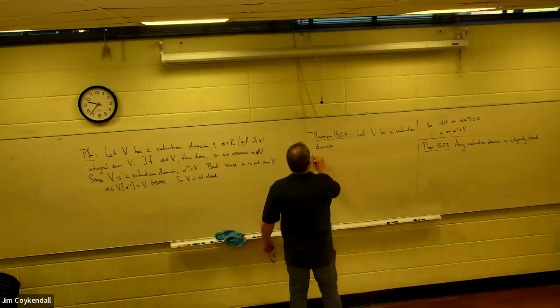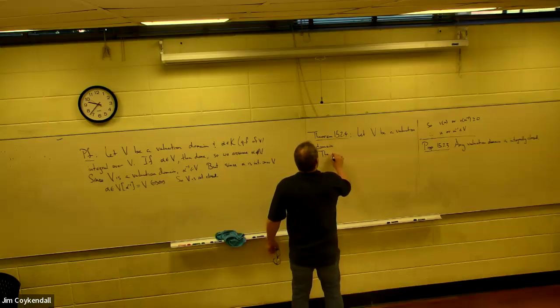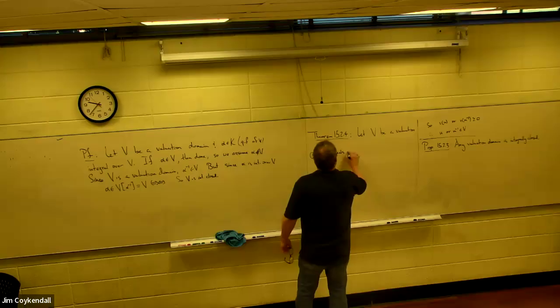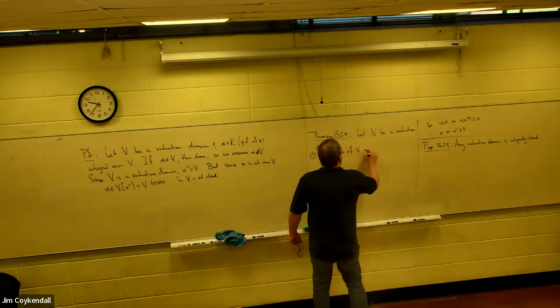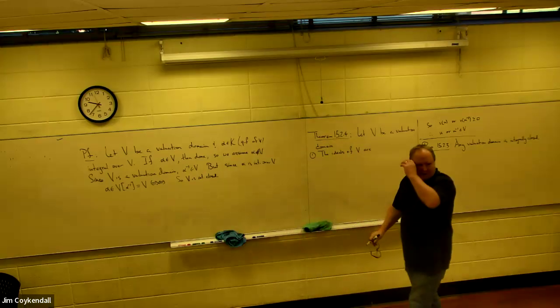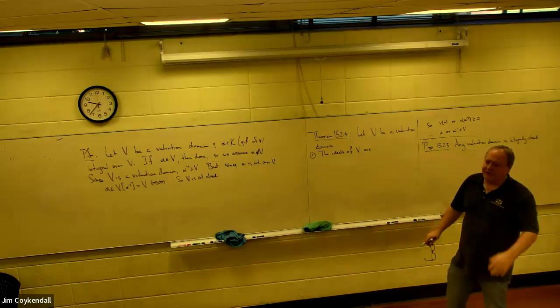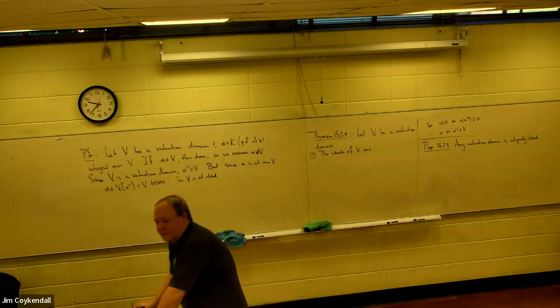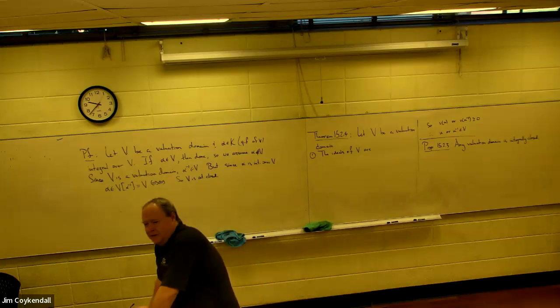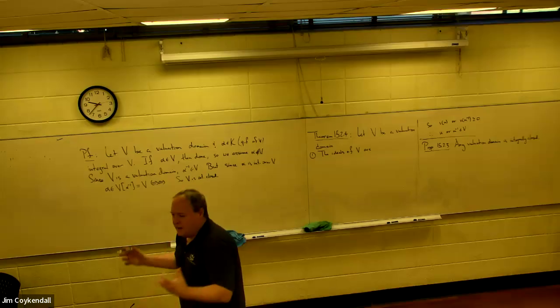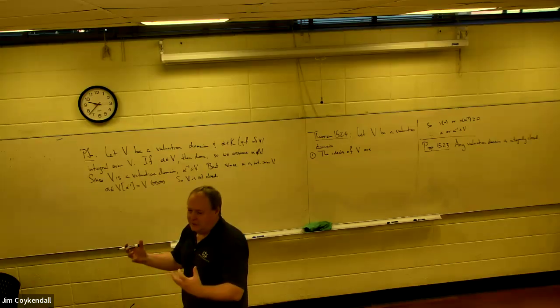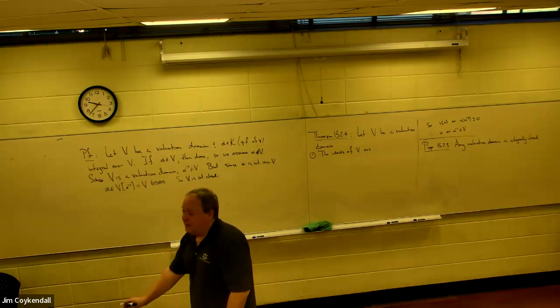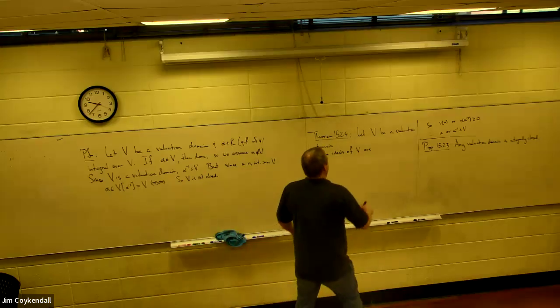Number one, the ideals of V are, anybody want to guess? This is another just fantastic fact about valuation domains, and you hardly ever see this. The ideals of V are linearly ordered. So if I give you any two ideals in the valuation domain, one of them contains the other. That's pretty rad.